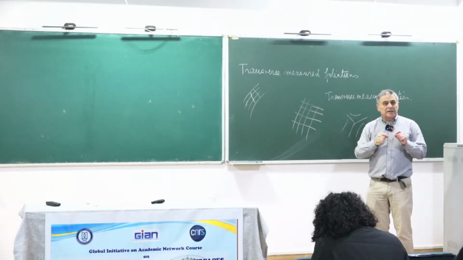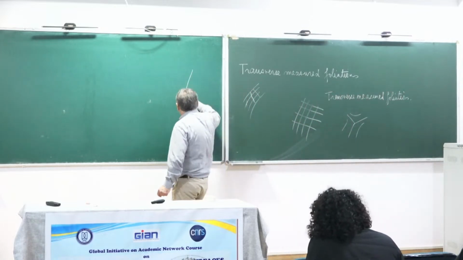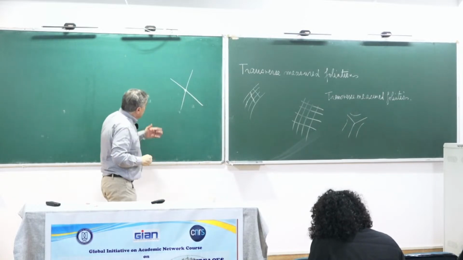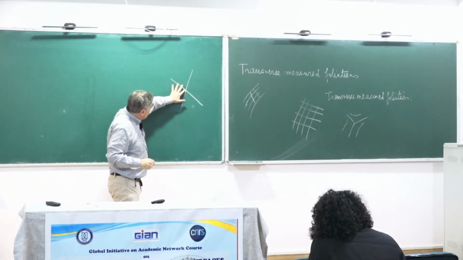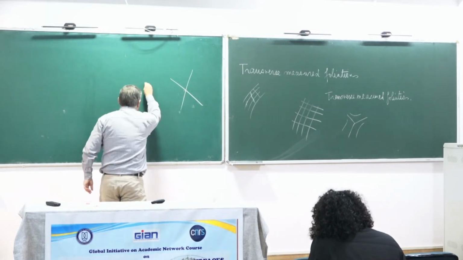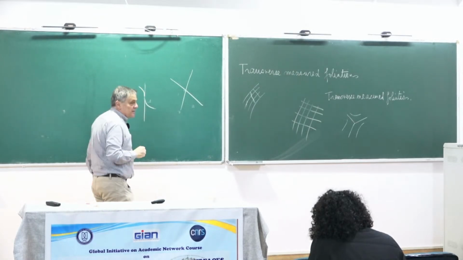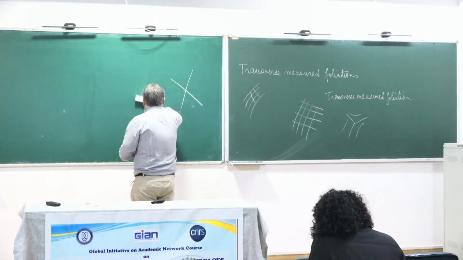Transversality is just a mathematical notion, which means that they intersect with a definite angle, if you want. So this intersection is not transverse because here it's tangent. Okay, so transverse means just that.